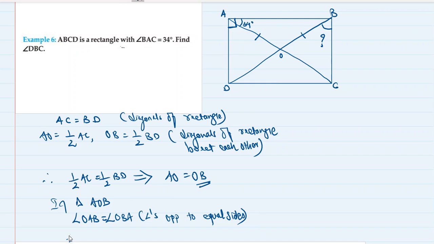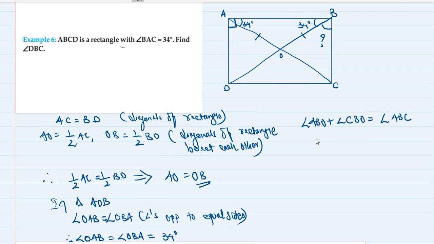So angle OAB is equal to angle OBA is equal to 34 degrees. So this angle is also 34 degrees. Now, angle ABO plus angle CBO is equal to angle ABC.